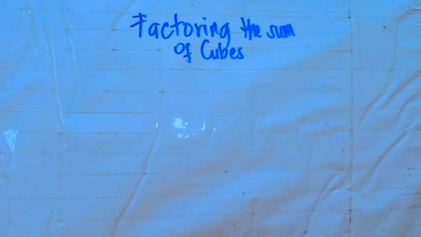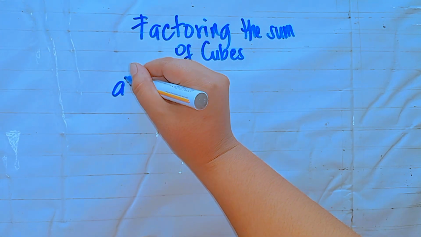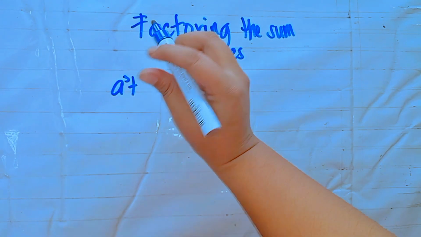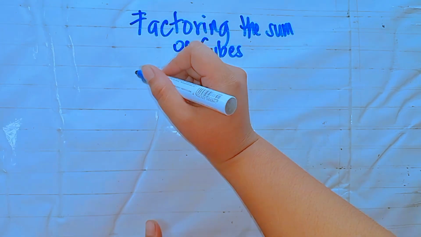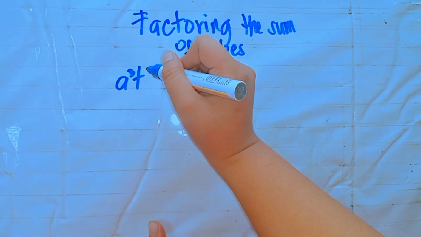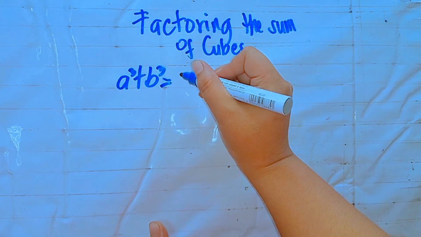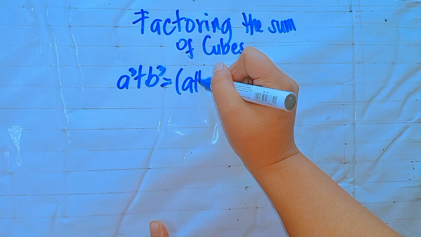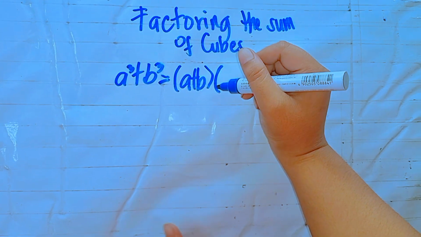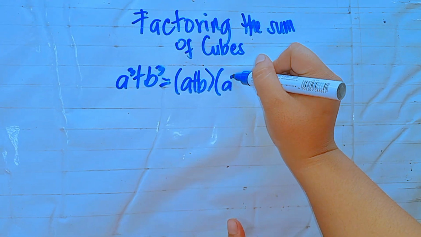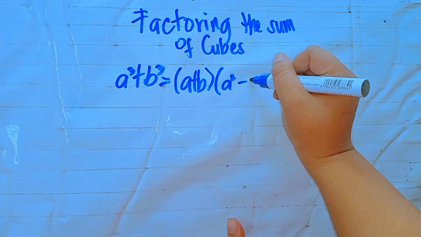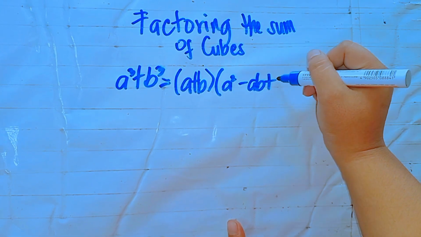The next form of factoring is factoring the sum of cubes. The formula is a cubed plus b cubed is equal to (a plus b) multiplied by (a squared minus ab plus b squared).